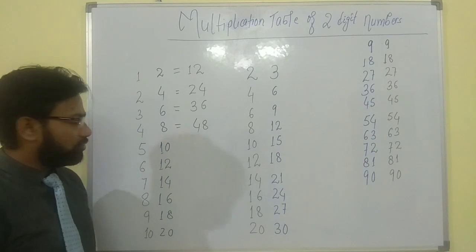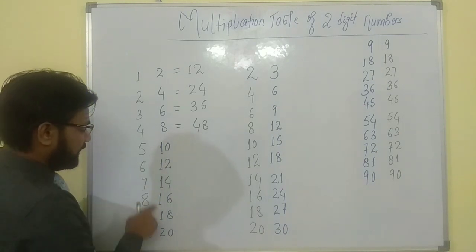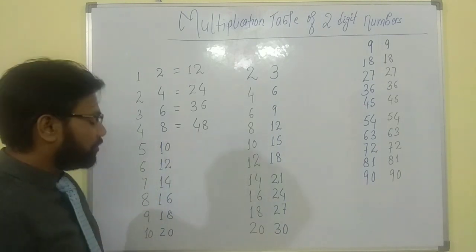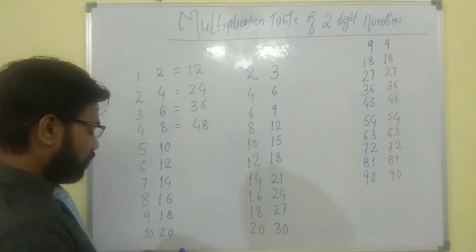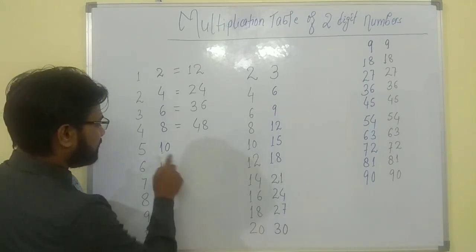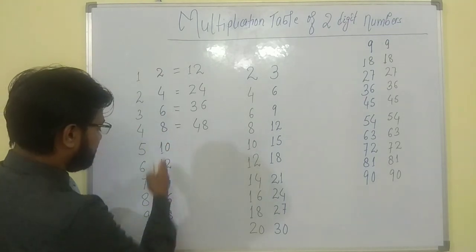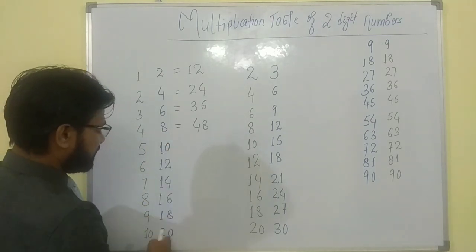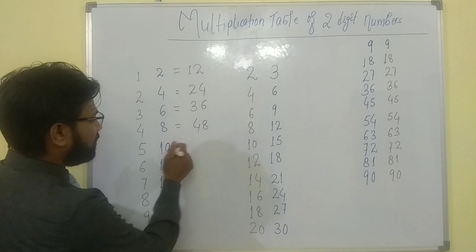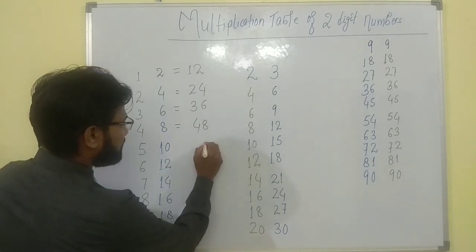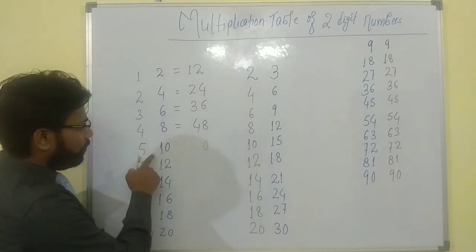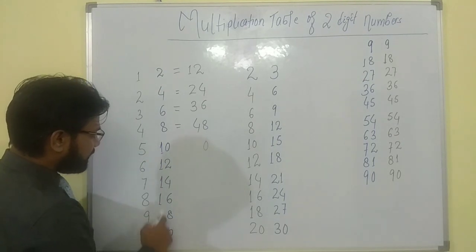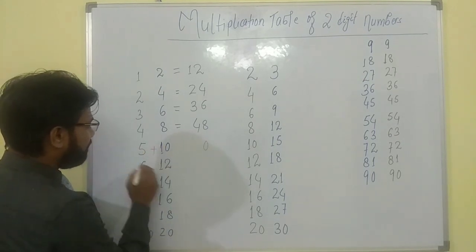Here is a change, because now we see two-digit numbers coming up. So what do we do? Very simple. We write the unit place of the right hand side digit. All the numbers that we see on the right hand side, we write the unit place as they are. And we add the tens place with the previous number.